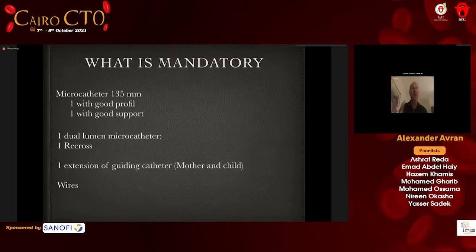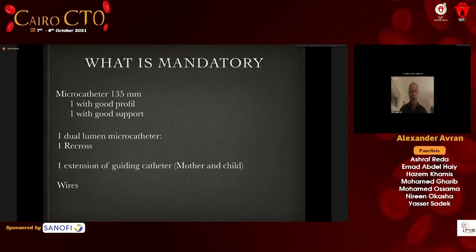So for an antegrade operator, I think it's very useful to highlight the success rate. Also, because of sometimes lack of support, you need an extension of the guiding catheter, a mother-child system, and there are also a lot on the market, so I let you make your choice.